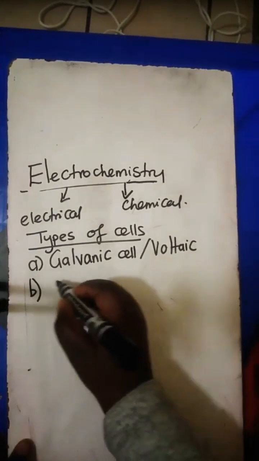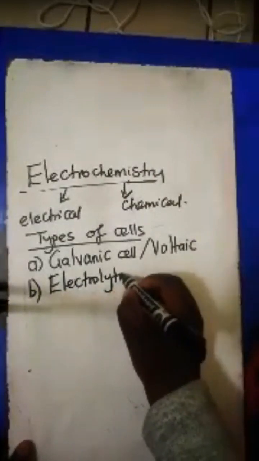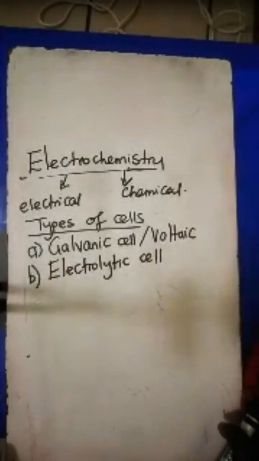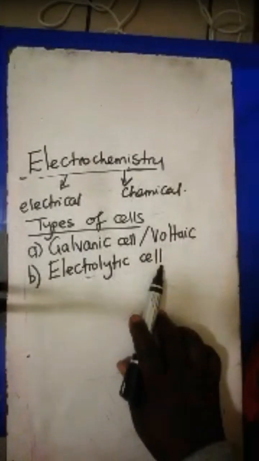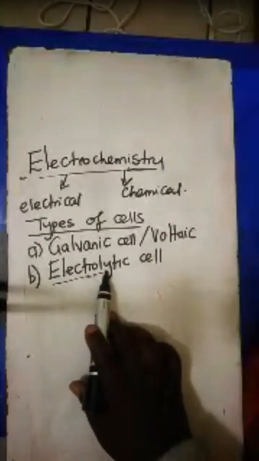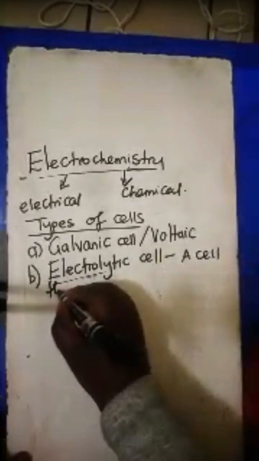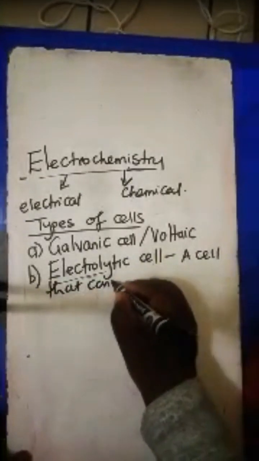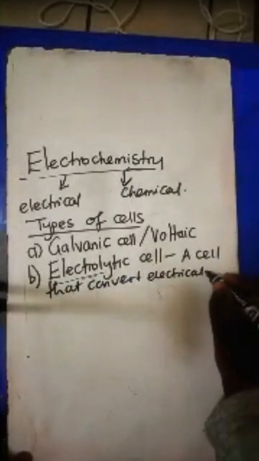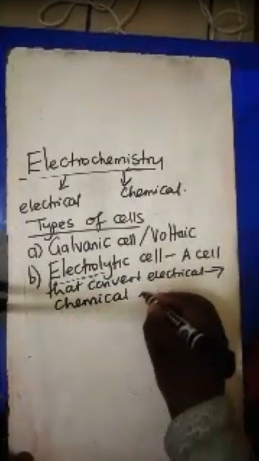The second one is called the electrolytic cell. From the word electrolytic cell, this is the type of cell which converts electrical to chemical energy.